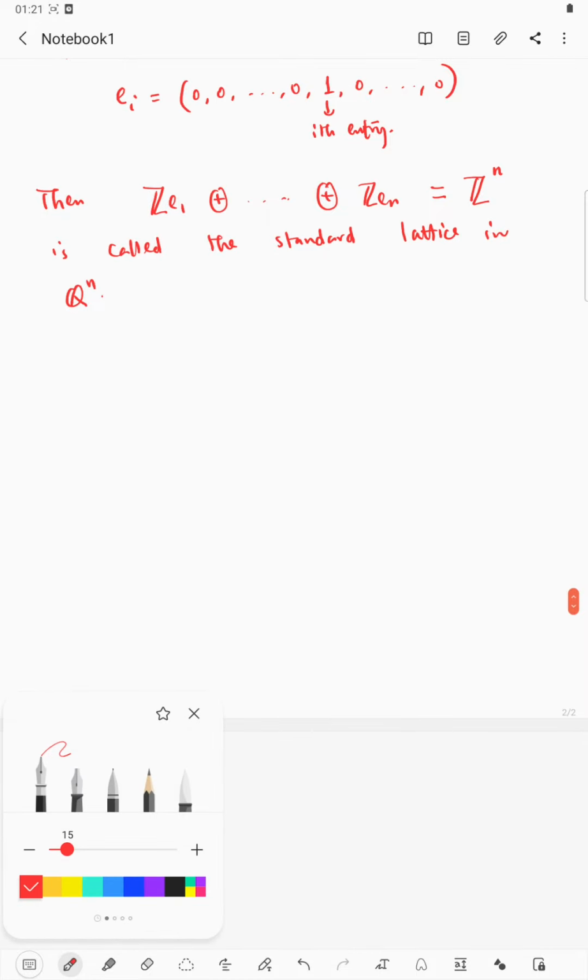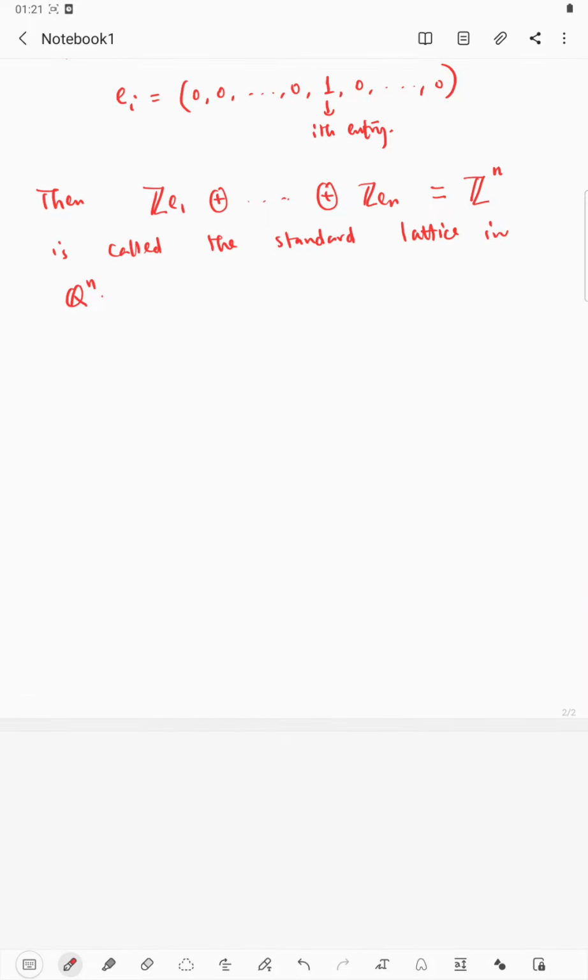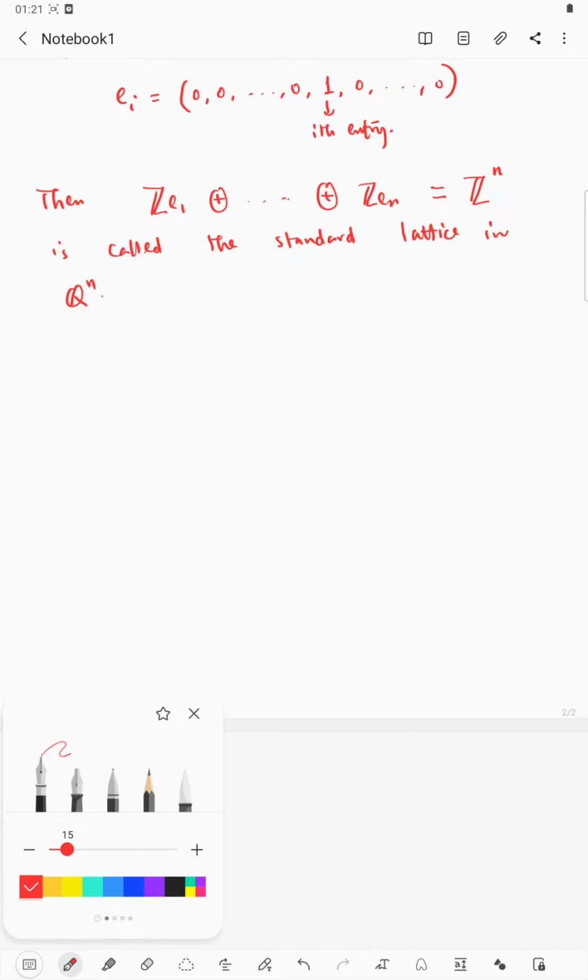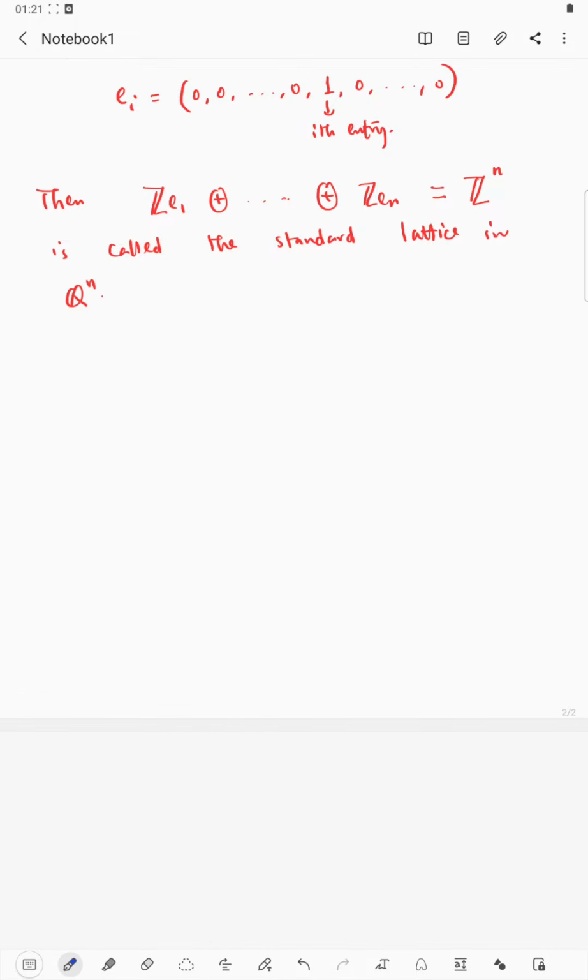Also we need the definition of GLN Z. Let me start with it.